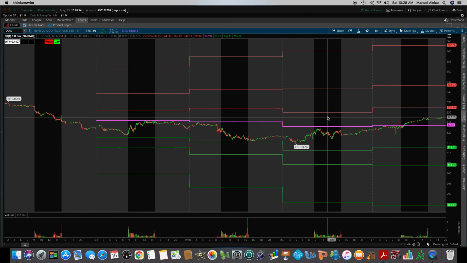Reason being, I'm a price action trader, and for those of you that don't understand support and resistance, that's the reason I don't really use pivot lines as much, is because I'm truly a support and resistance trader, and I know how to read support and resistance on a 1 minute time frame, on a 5 minute time frame, on a 10-minute time frame, on an hourly, on a weekly, on a monthly.